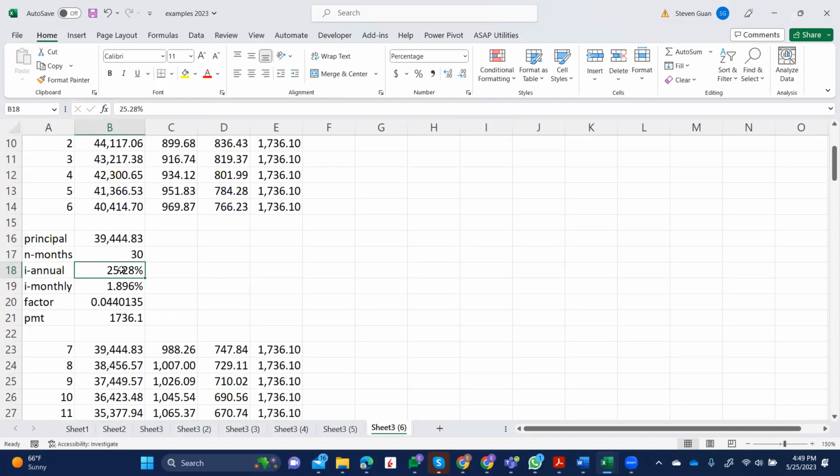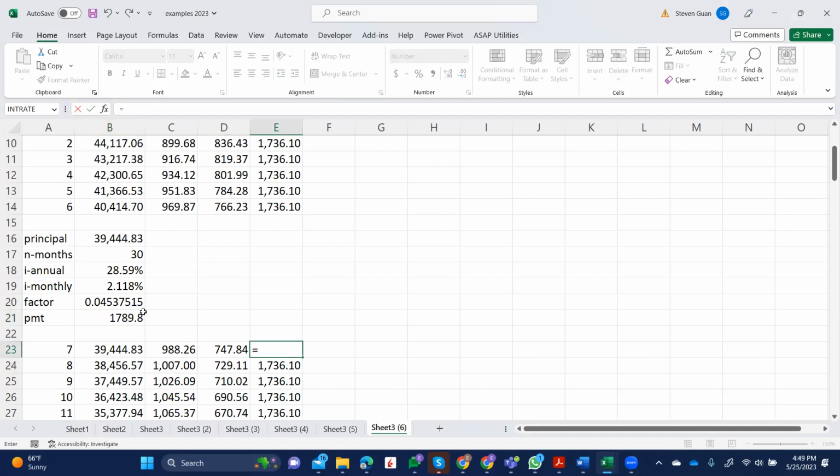Guys, it increased to 28.59. So now this implies that your new payment is going to be 1,789.8. Everyone agrees with me? Perfect.